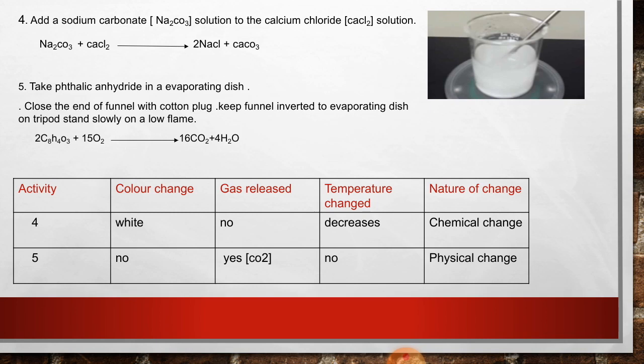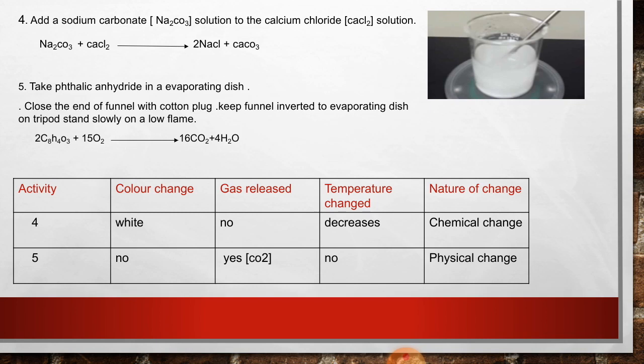keep the funnel inverted over the evaporating dish on a tripod stand and heat slowly on a low flame. So phthalic anhydride, that is C8H4O3, plus O2, oxygen. If we add this, then we get 8 CO2 plus 2 H2O.